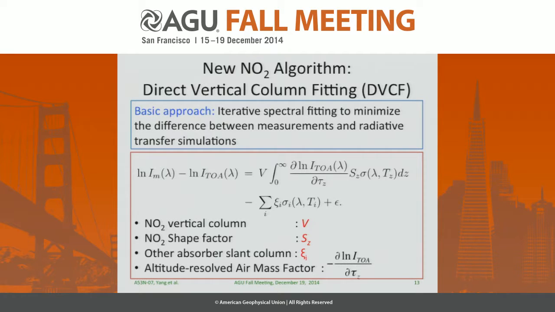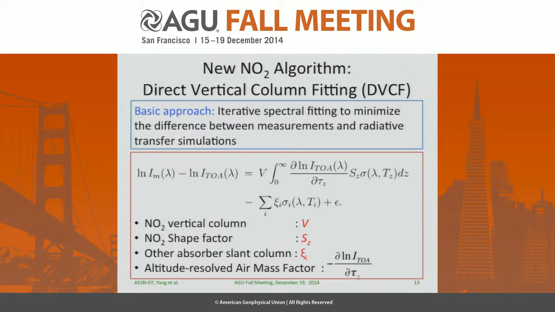And so to get the signal out of the ARMS measurement, we developed a new approach, which is direct vertical column fitting. Here's the equation, I won't go through it. This represents how the NO2 signal is carried onto the measured spectrum, compared to the DOAS method, which is the second term here.